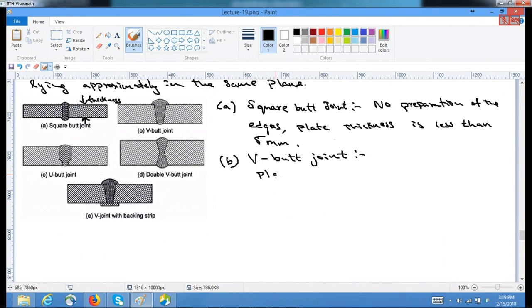Plate thickness is between 5 to 20 mm, or typically 5 to 25 mm.